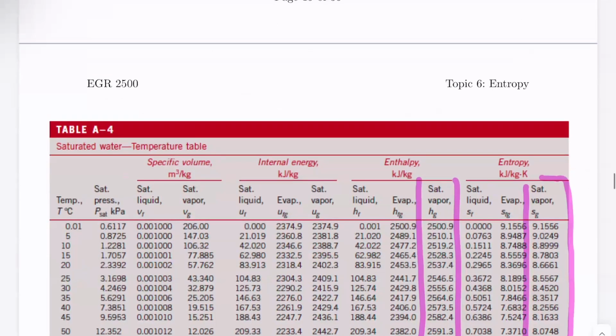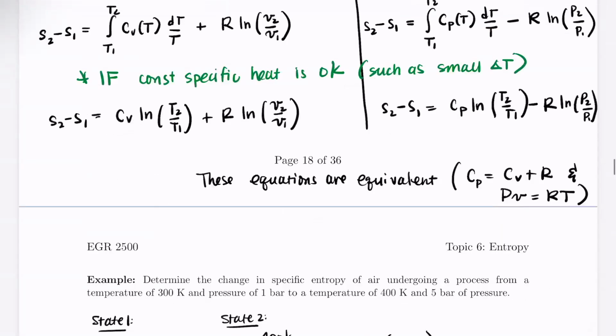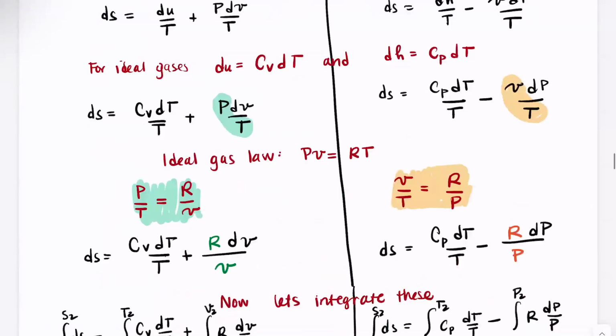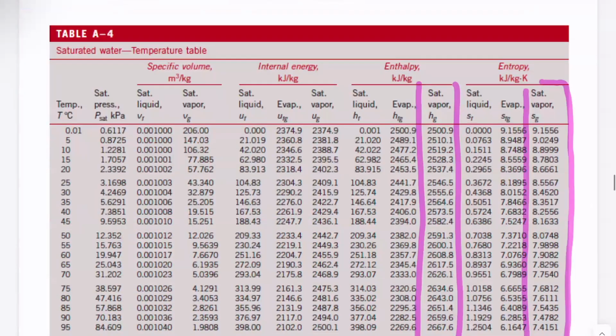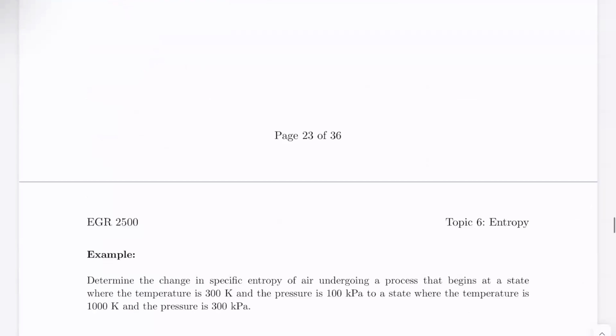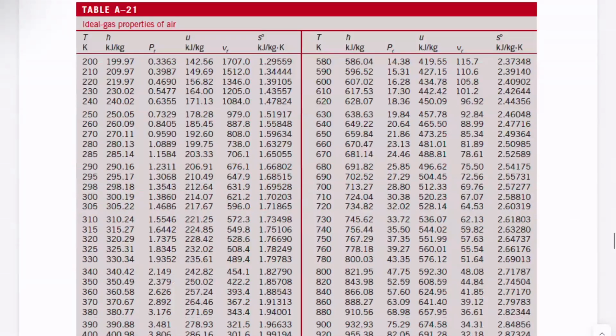Does anybody have table A2 handy? If not, that's okay. I thought I put it in the notes someplace. Put it at the very end there.